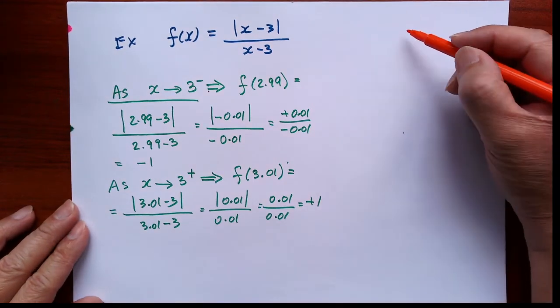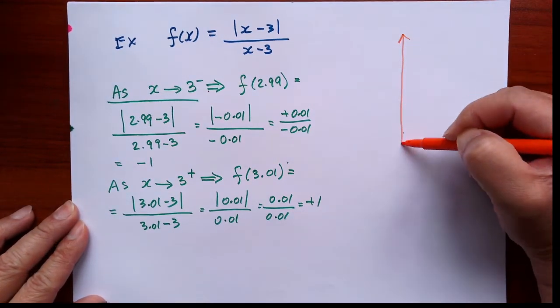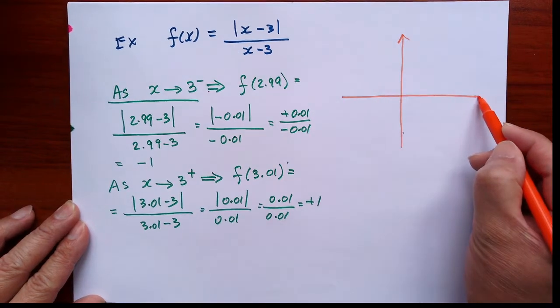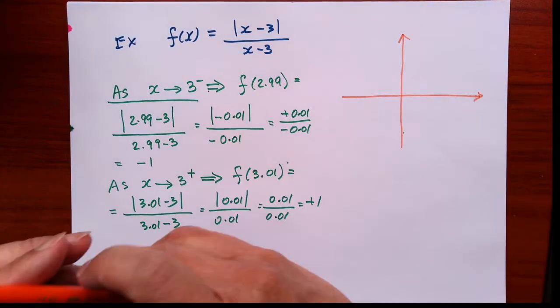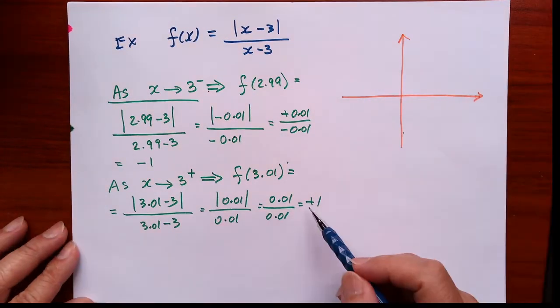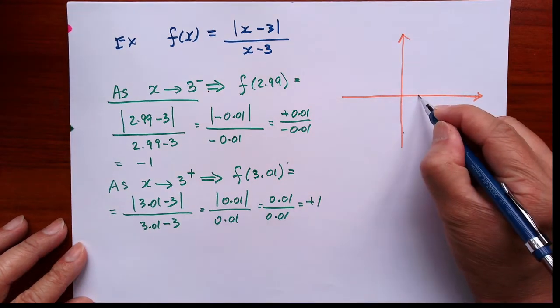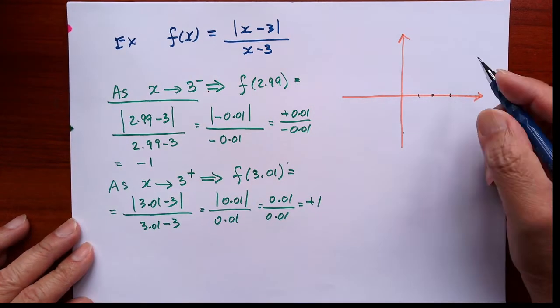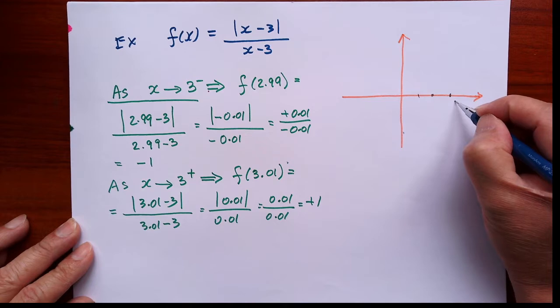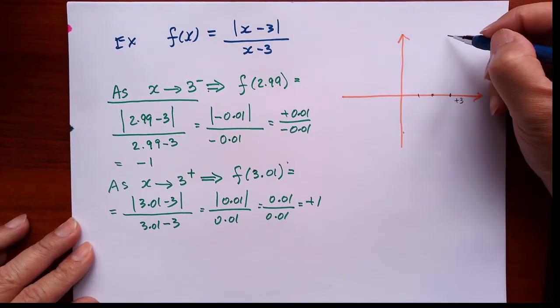I'm going to draw the graph here. So something happens at the point x equals 3. So 1, 2, 3.